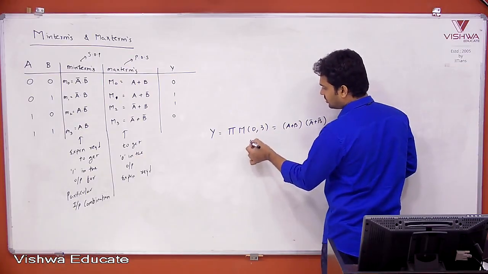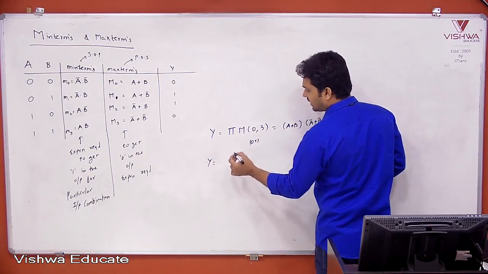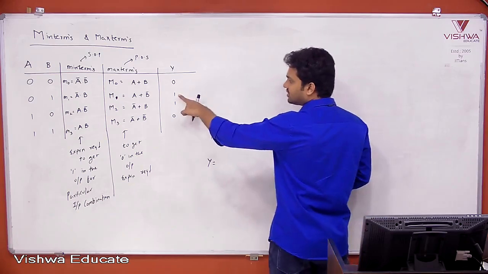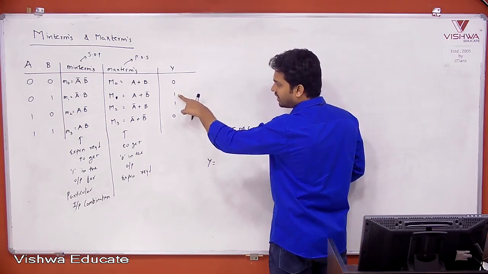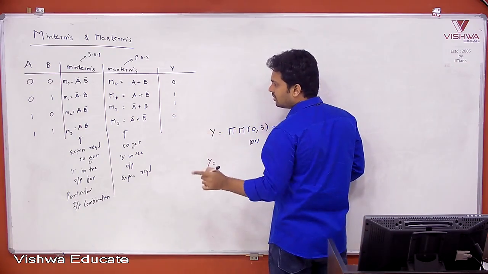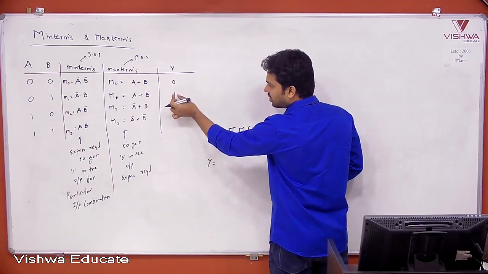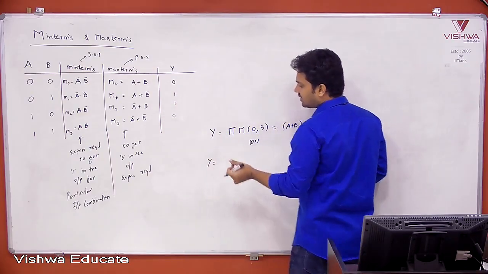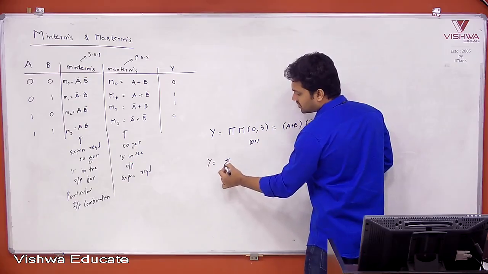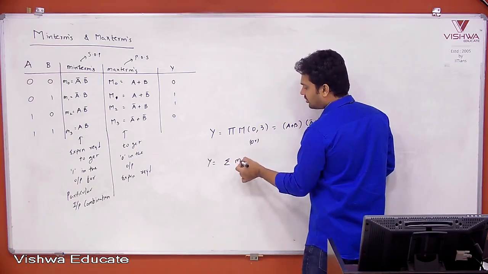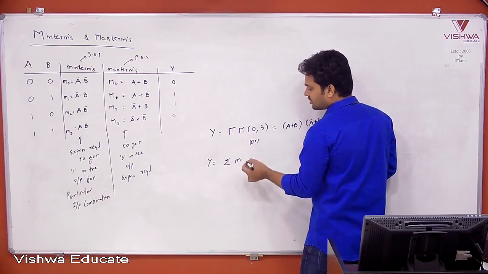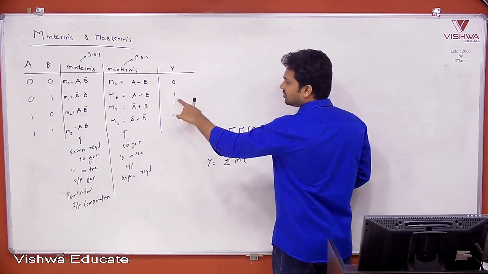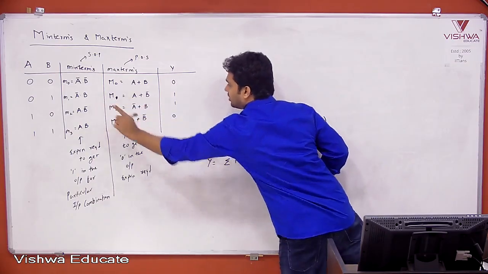This is how we write the expression. Or you can write the function as it should be 1 for this case or this case. If any one of them occurs, output should be 1. So if any one of them is 1, output is 1. It is called OR operation, represented by sum of minterms, here max terms. Sum of the minterms. Which minterms? Minterms 1 and 2.